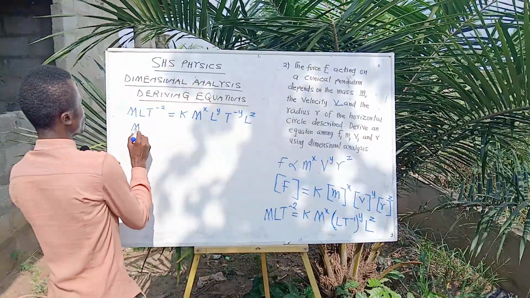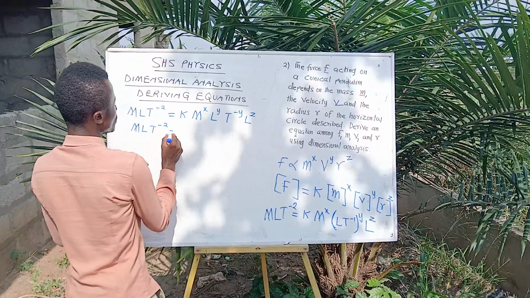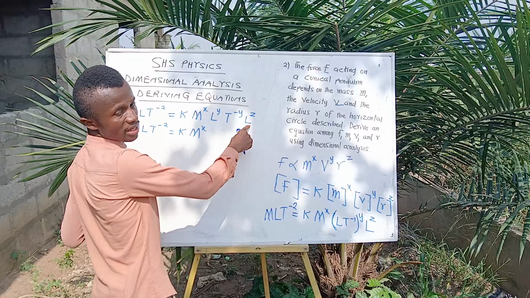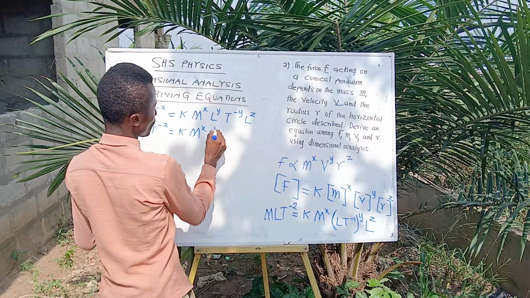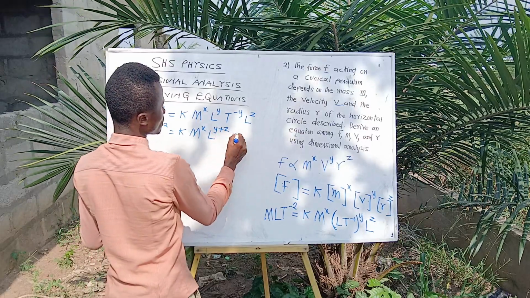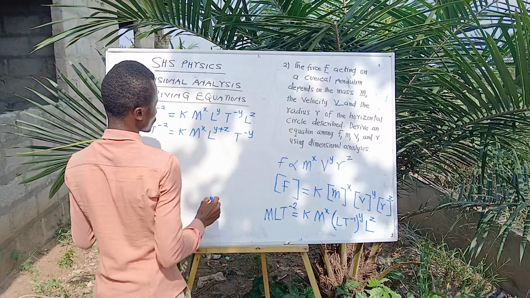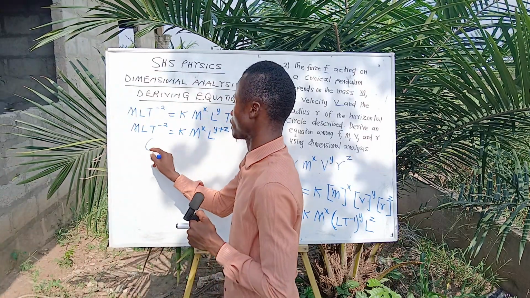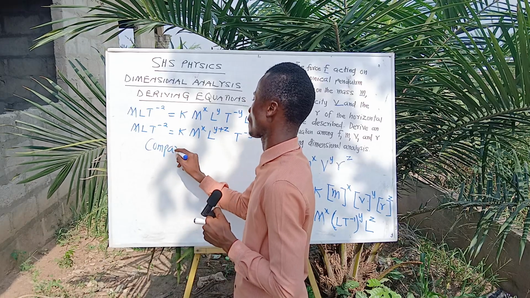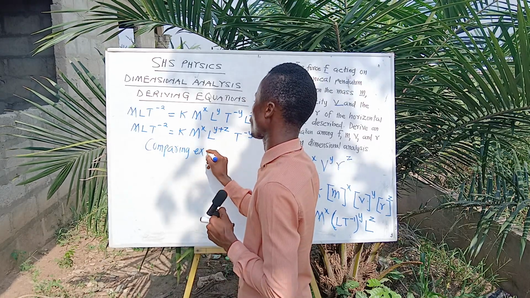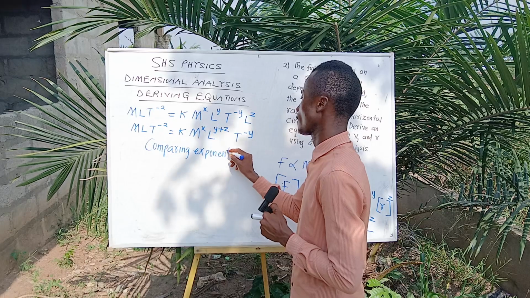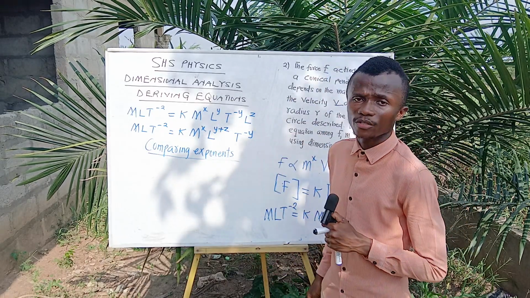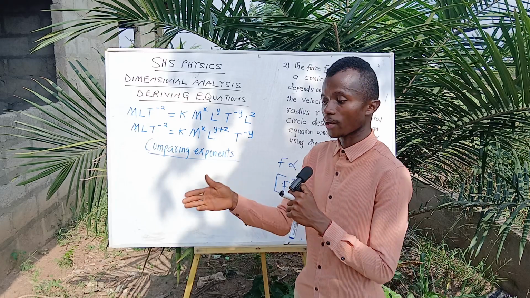So M L T to the power -2 is equal to K M to the power x. We have like bases over here. Let's add the exponents: L to the power y plus z, then T to the power -y. So, comparing exponents, we first compare the exponent which will give us a straightforward answer.